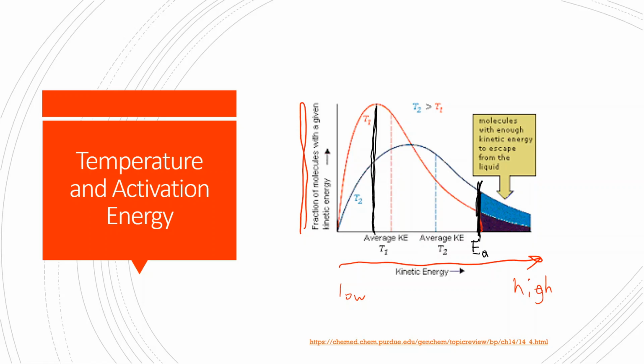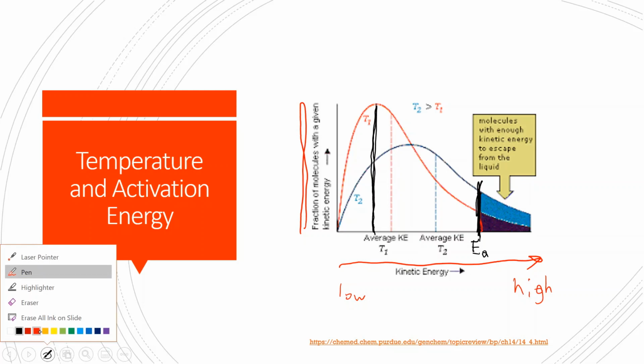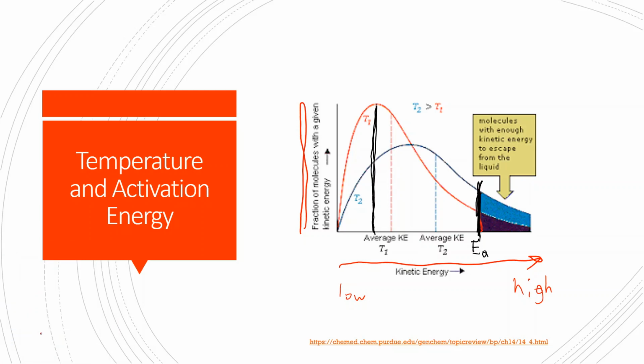Now, I'm going to change my pen here to make this explanation thorough. So let's look at T1 first. T1 is going to be represented by this area right here. Those number of particles are going to have the required energy to react.